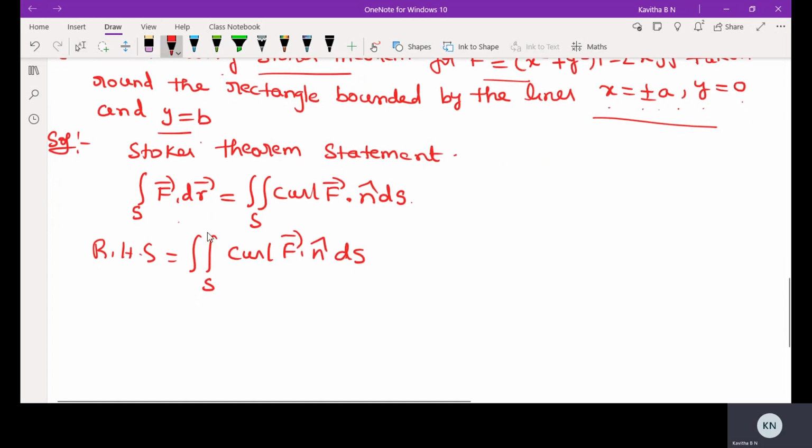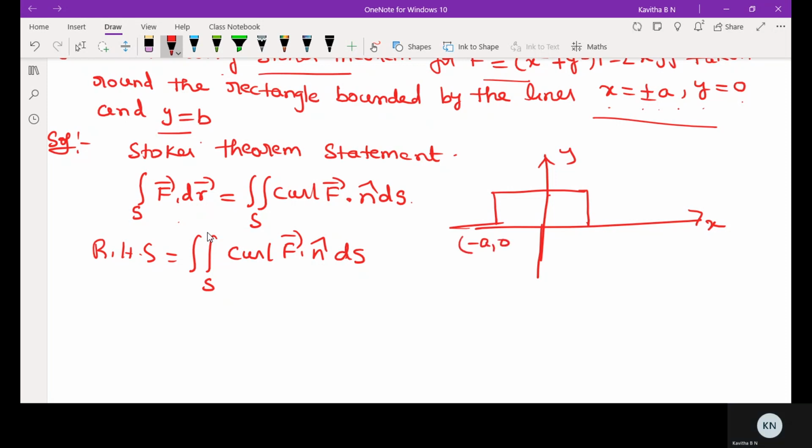Then draw the diagram. Write down rectangle bounded. This is the x-axis, y-axis. Here x is equal to plus or minus a. We have minus a comma 0, this is a, then this is 0 comma 0, then plus a comma 0.